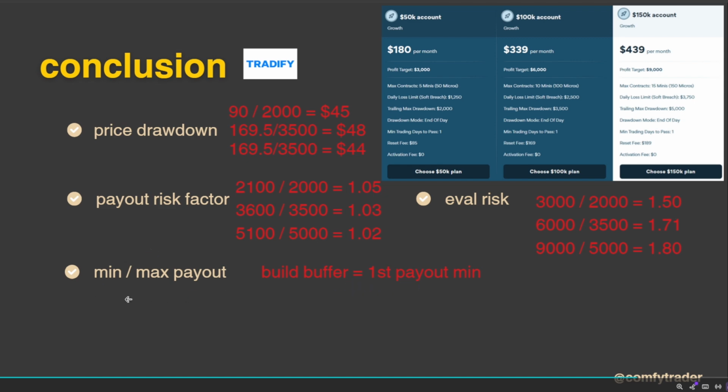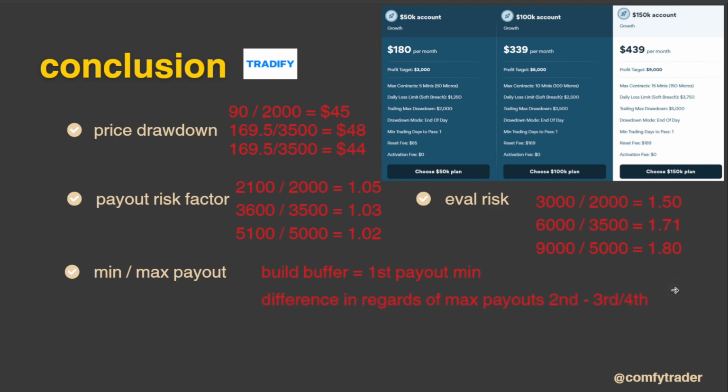As said on the slide before, think about building your buffer, think about your risk with the account, and differences in regards of the maximum payout. You can't sum it up until the last payout, because maybe you are going to a live account.